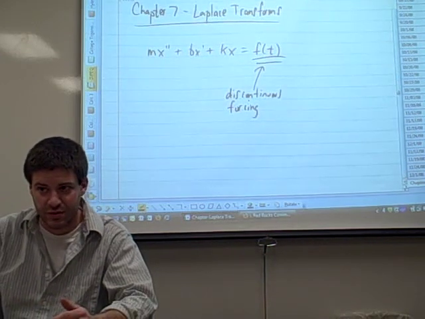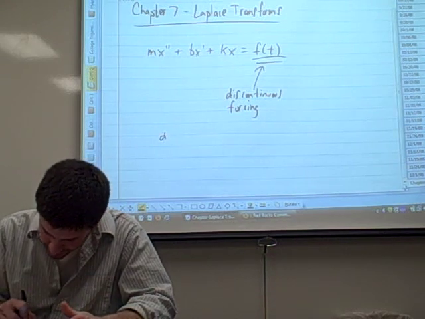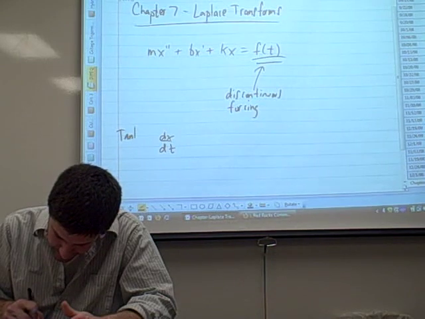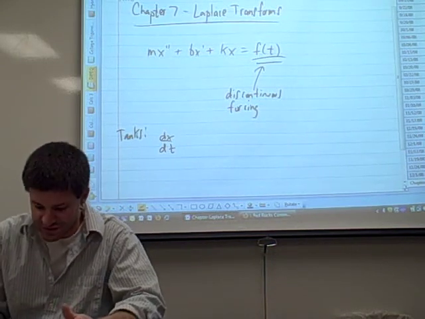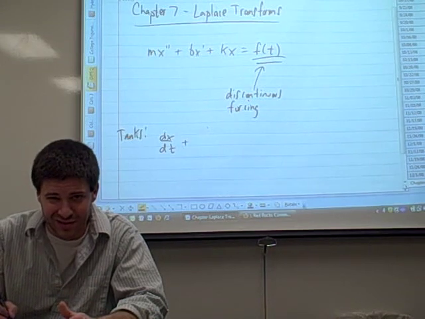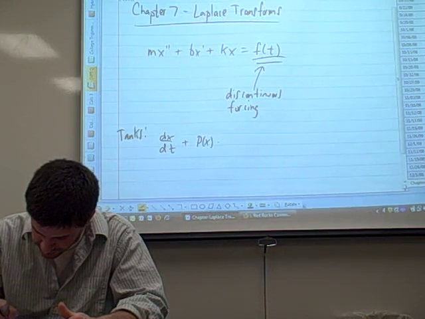Another example we looked at in a previous chapter are these tank problems. And with these tank problems, we had something that looked like this. We came out with a first-order linear differential equation.